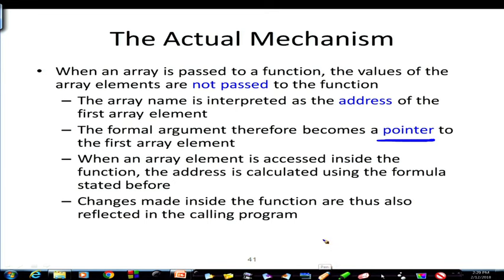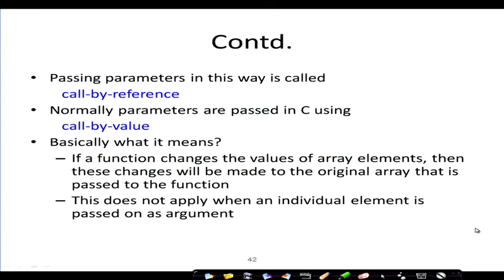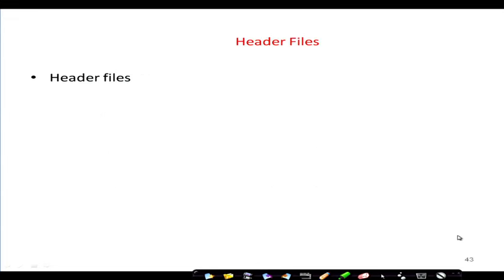Okay. And when an array element is accessed inside the function, the address is calculated. I have already explained the formula that is used for finding the array element. So, this is known as call by reference. So, I think you have understood this.